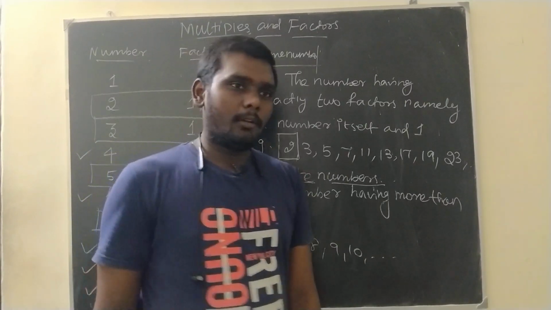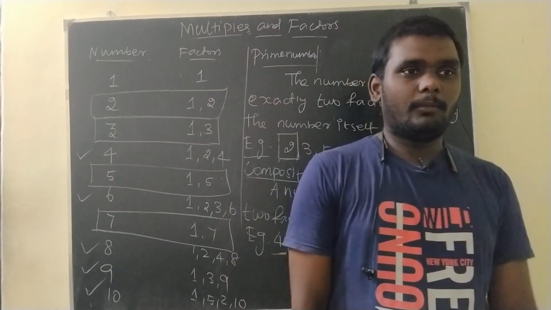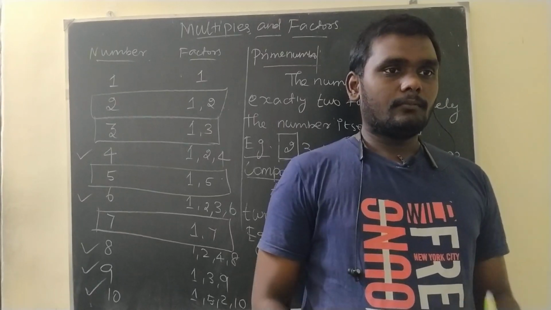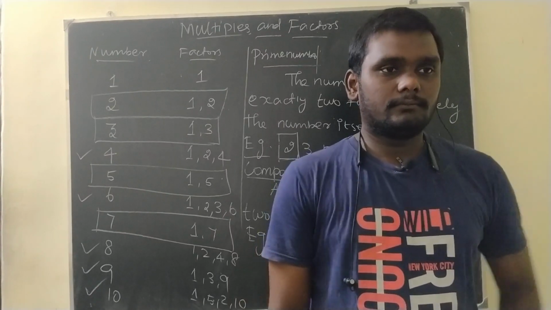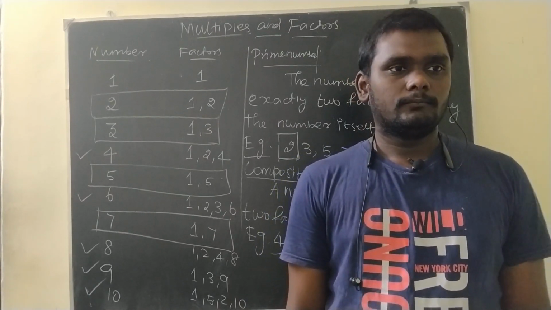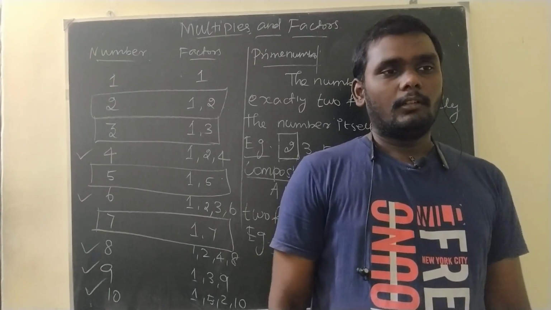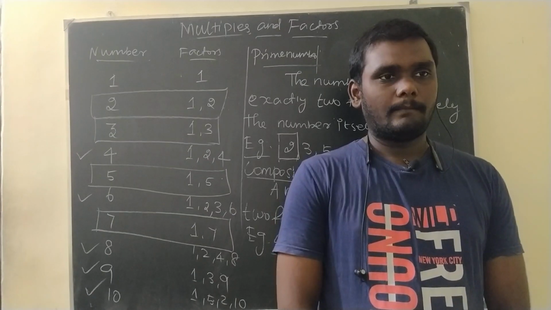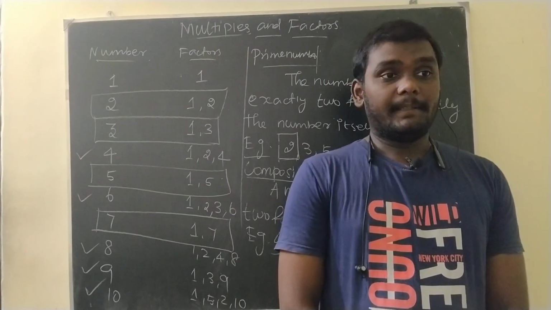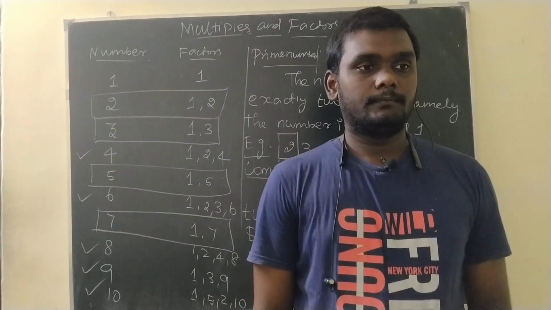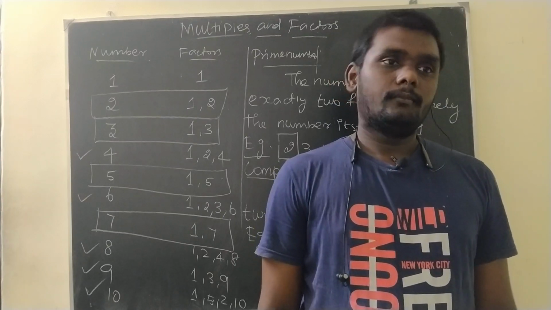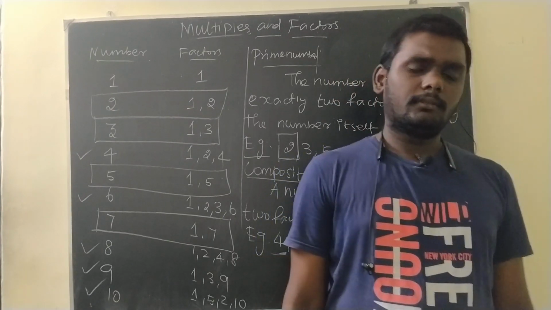Now, I will say one number, you say whether it is prime or composite. 27. Composite. 29. 29 composite? Think.